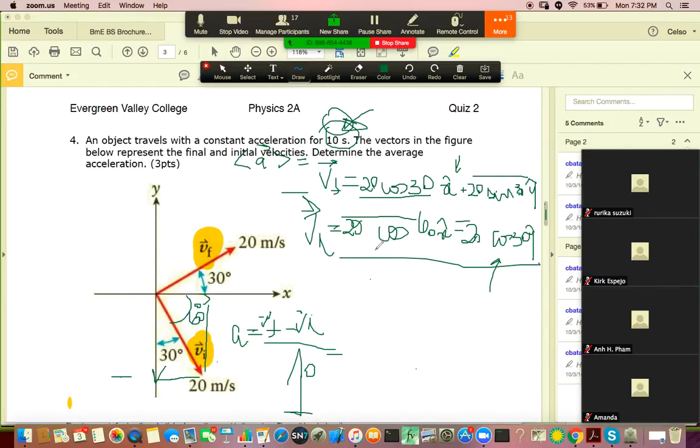Cosine of 60, because I'm projecting along the x direction, the angle between the vector and the x direction is 60. And here, I could write sine of 60, and that would be its projection in y, as long as I put a negative sign. Now, cosine of 30 is the same number as sine of 60. That's why you can do that.